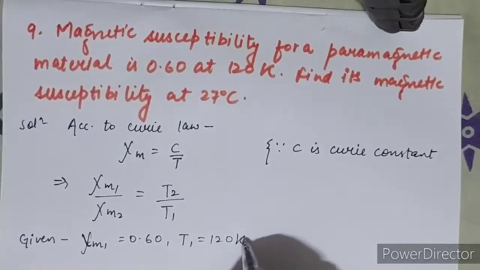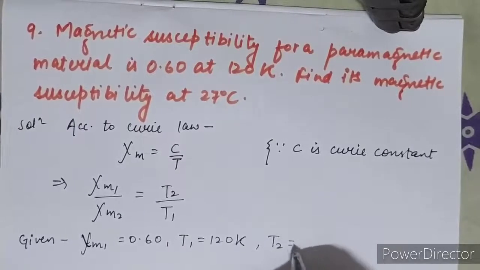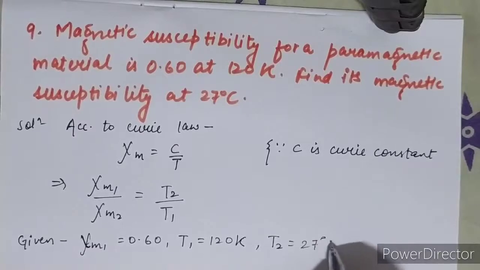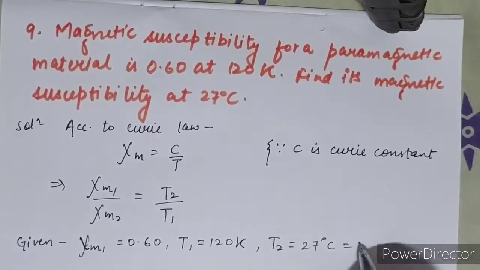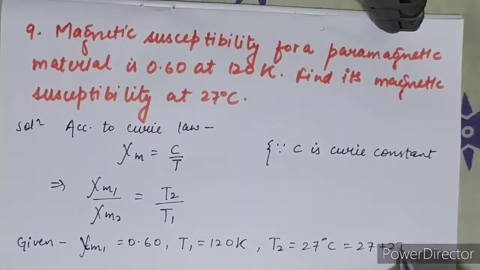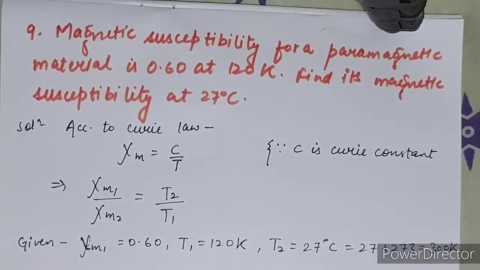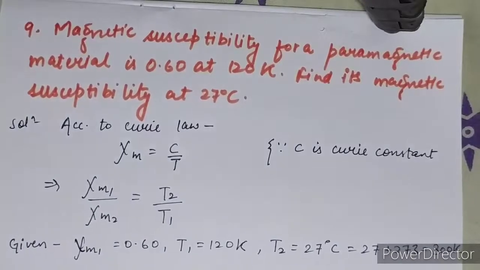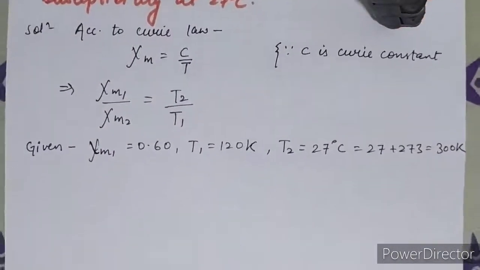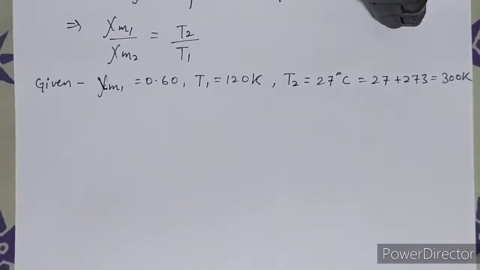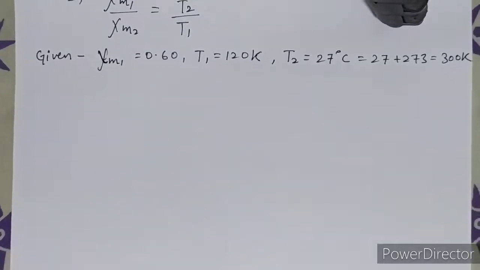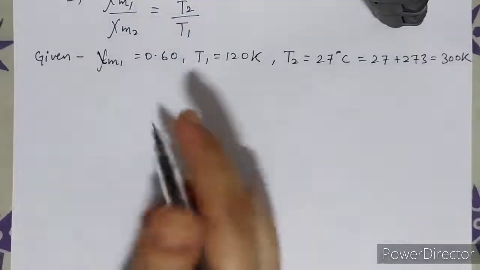The other one we have to calculate, and its temperature is given as 27 degrees Celsius. So you have to convert into Kelvin, adding 273, that is 300 Kelvin. Clear? Okay. Now all the values are there, three terms are there, and you have to calculate one term out of four.